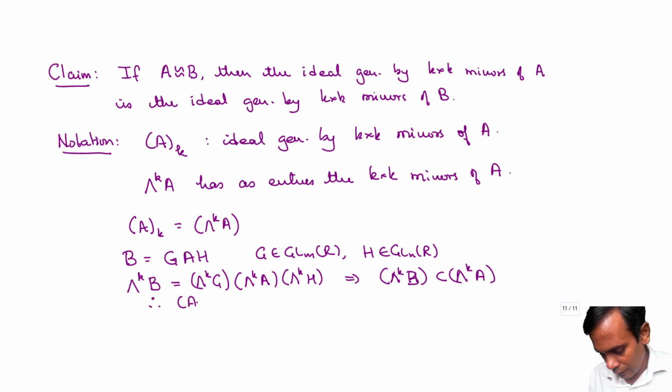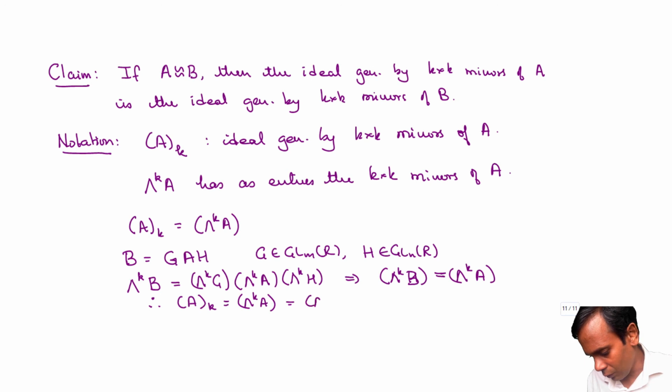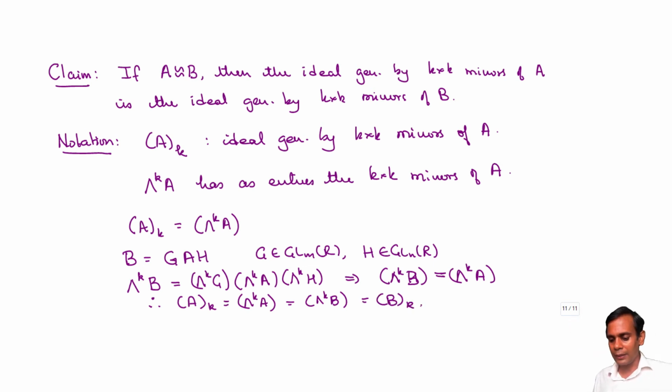Therefore A_(k) is equal to the ideal of wedge k of A, which is equal to that of wedge k of B, which is B_(k). So the ideal generated by k by k minors of A has to be equal to the ideal generated by k by k minors of B.